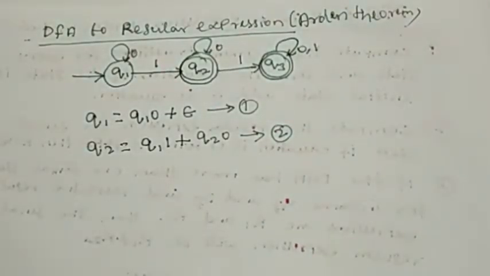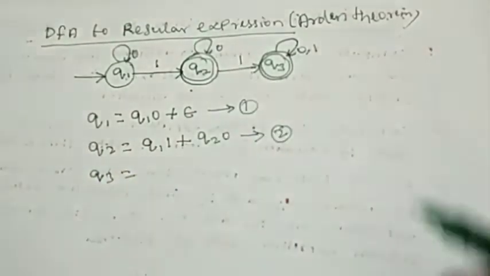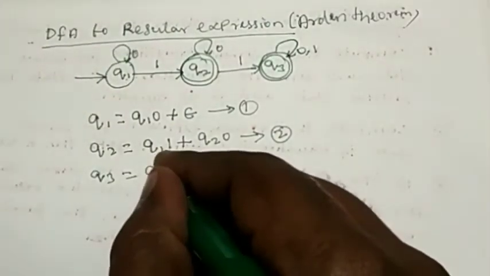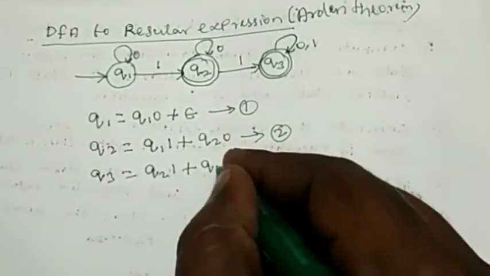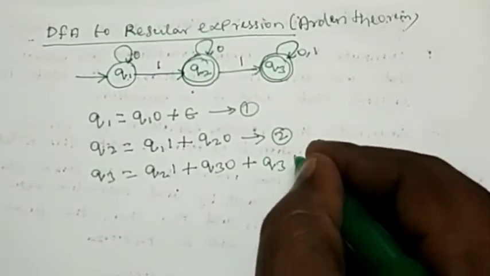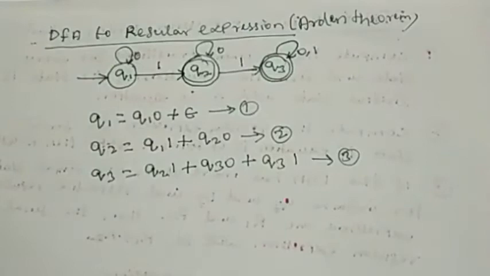And now the third one is Q3. Q3 has three transitions: one is from Q2 on 1, and you have two transitions on Q3 itself, Q3 0 and Q3 1. So this is equation number 3.